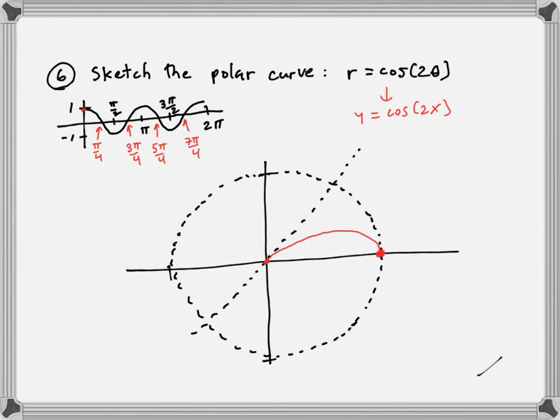Okay? So next, let's go with this point. Now, be very careful because this point down here, the r is actually -1, so we're going in the opposite direction. So even though it says an angle of pi over 2, it's going to actually put us down here. So we know that it looks like that.